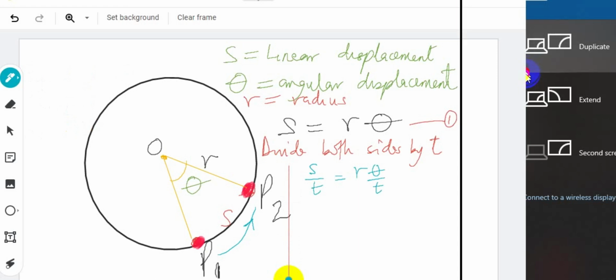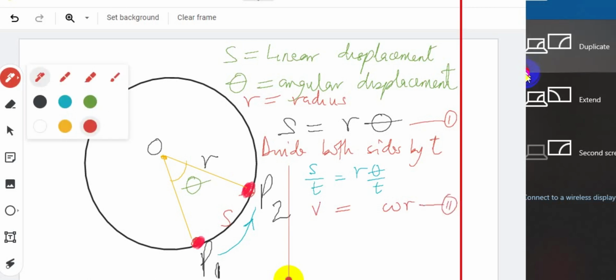S over T is linear speed or linear velocity. So S over T is V. Theta over T is what we call omega, which is angular speed. So V is omega R. Linear speed is equal to angular speed times radius. I can call this equation 2. By the way, this is circular motion.